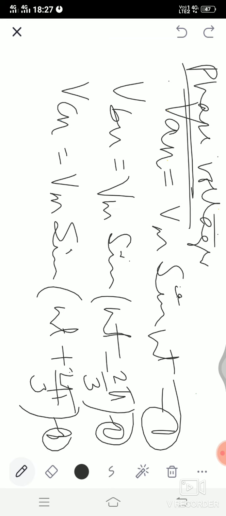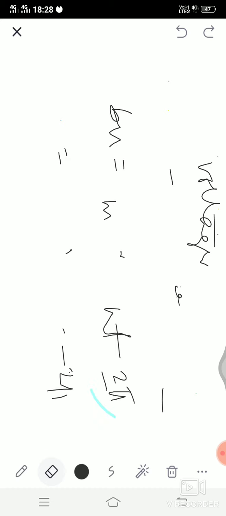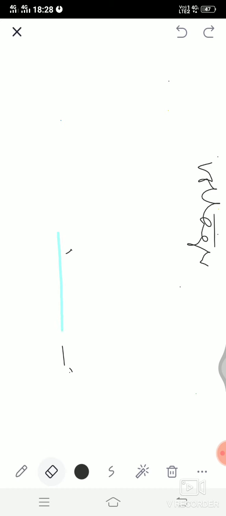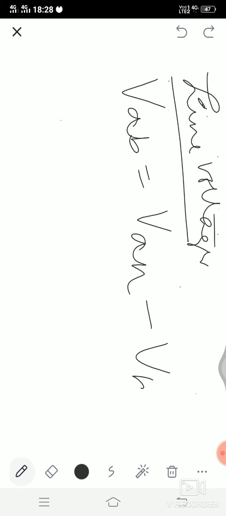Now next we'll be finding out the line voltages. So next write on line voltages, like VAB. VAB is equal to VAN minus VBN.